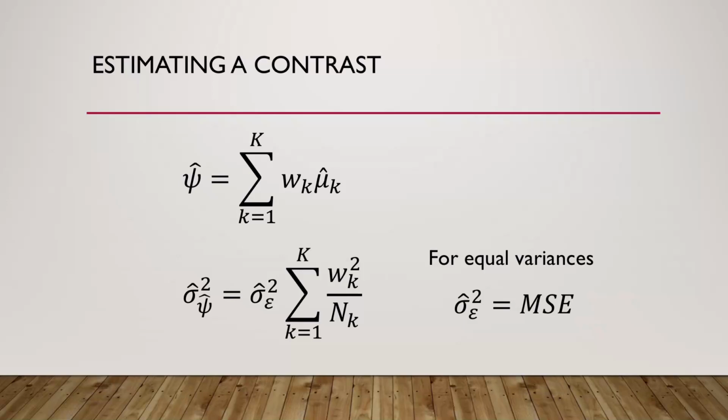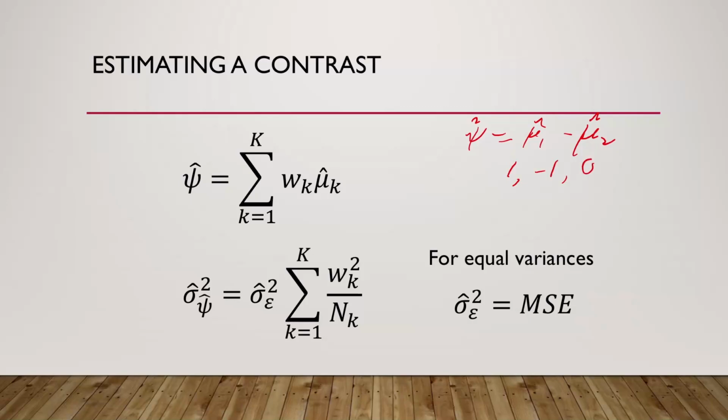So what are the weights that we're dealing with here if we're, say, comparing group 1 to group 2? If I have a contrast in which I'm estimating the mean of 1 and estimating the mean of 2, what are the weights? The weights are 1, minus 1, and 0.